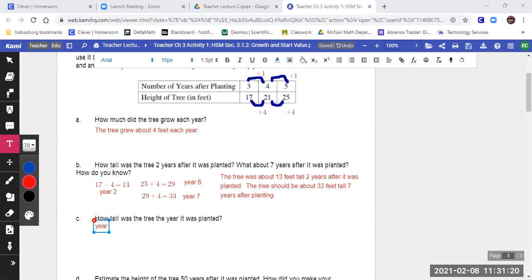Because these are years after planting. So what year would the year it was planted be?